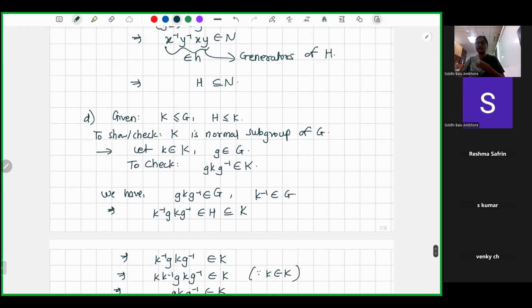So this is quite a strong statement. What it says is that K being any subgroup of G which contains H, the moment I have that, K becomes a normal subgroup of G. So any subgroup of G which contains H becomes a normal subgroup of G. Any doubts here?